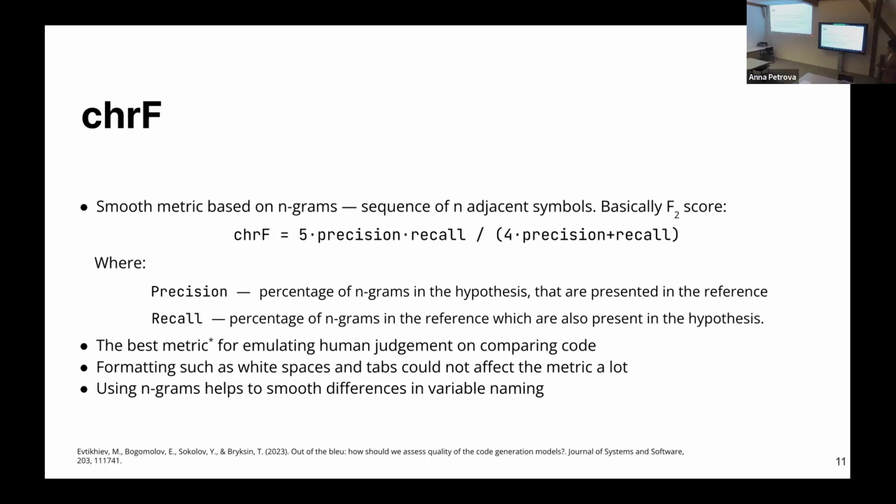Those are not my conclusions. So you don't know if it's true or not? No, of course I read the paper, but the paper compares the metrics against the human behavior of comparing two solutions. So chrF was the best one in that kind.